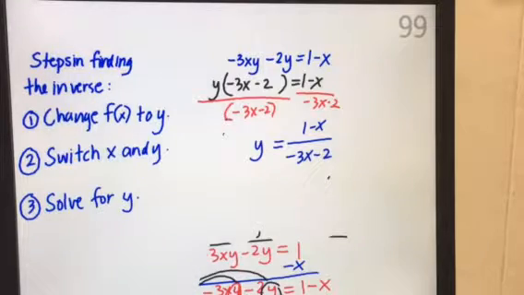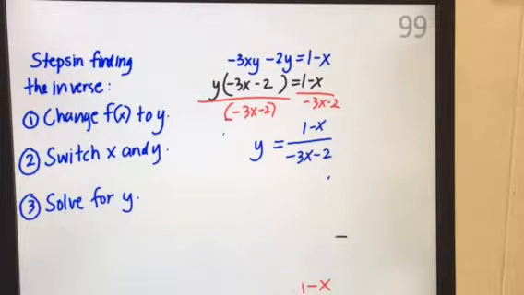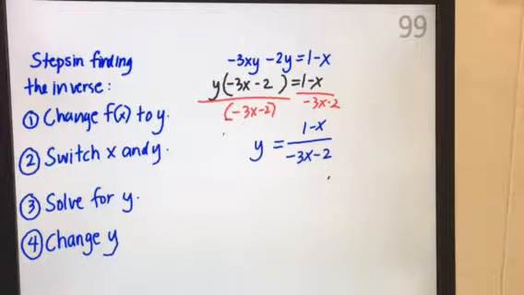Now, once you have isolated y, the last step is also important because we would like to express our answer in function notation. So we are now changing y into the notation for an inverse function, which is f inverse x.